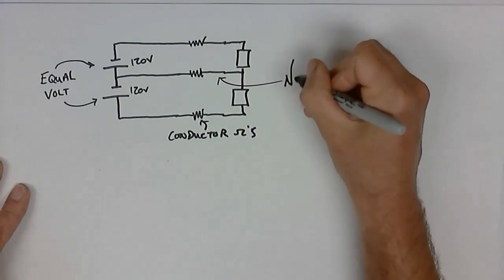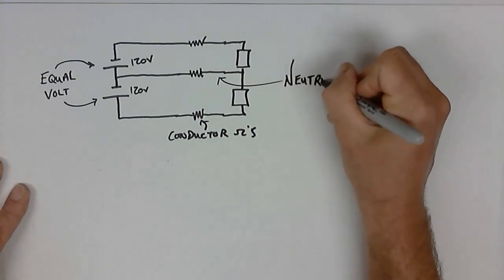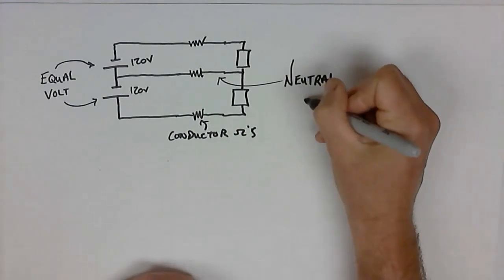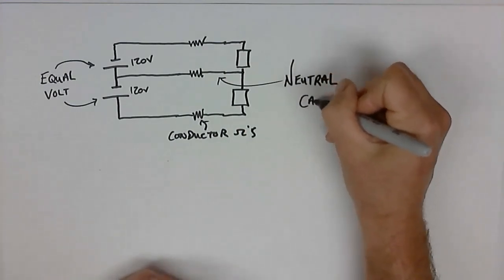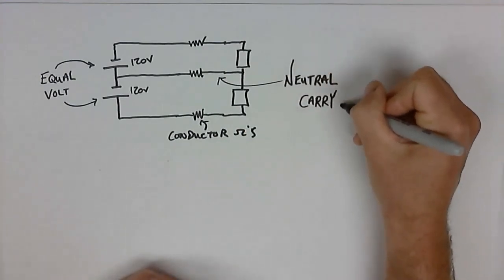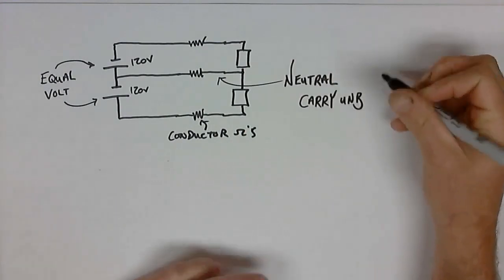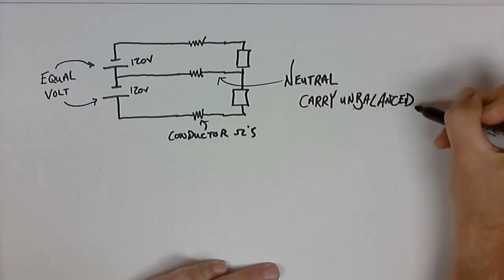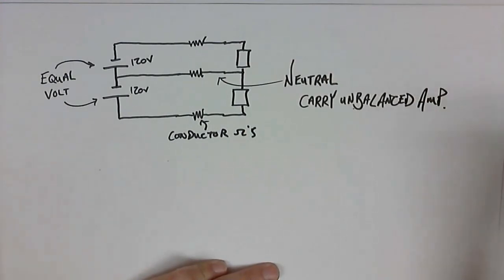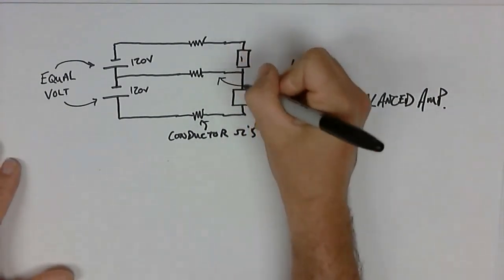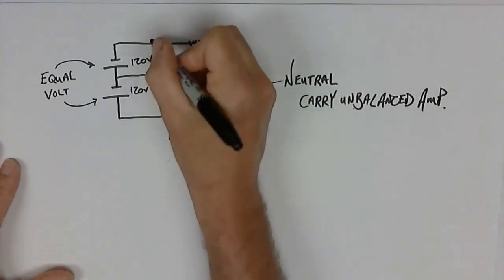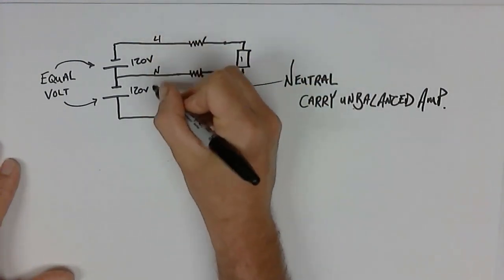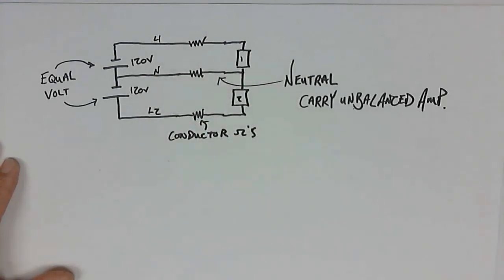And we know the neutral's purpose is that it carries the unbalanced current between the 2 loads. So we'll just name this load 1, load 2, line 1, neutral, and line 2.